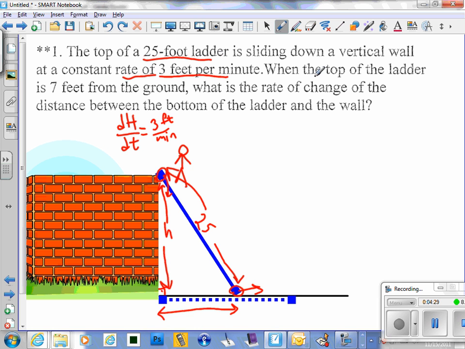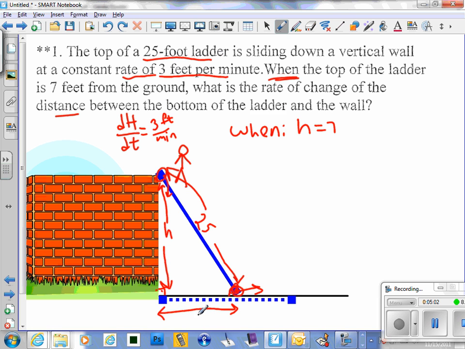Okay, when the top of the ladder is 7 feet, when h equals 7, please write it down here, when h equals 7 feet from the ground, what is the rate of change of the distance between the bottom of the ladder, which is here, and the wall, which is here?